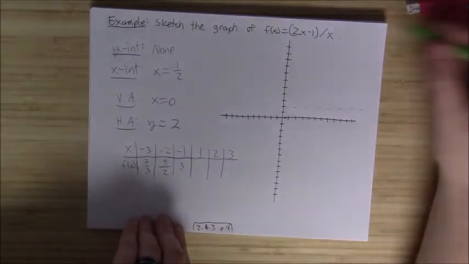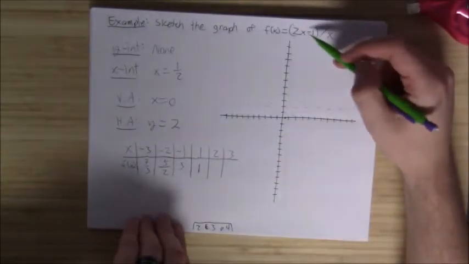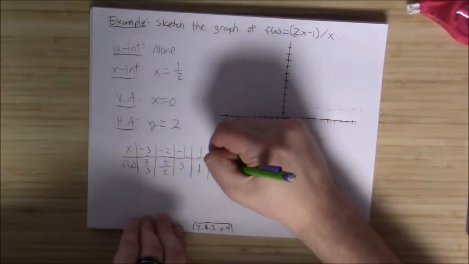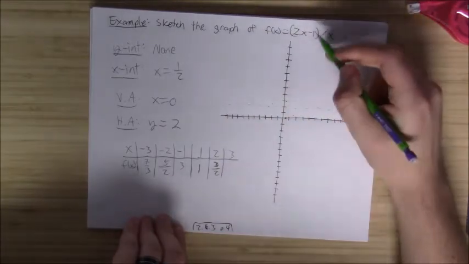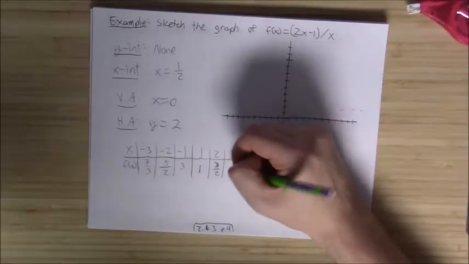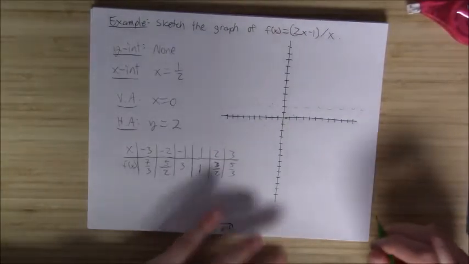Plugging 1 in, we get 2 minus 1 over 1, so 1. Plugging 2 in, we get 4 minus 1, which is 3, over 2, so 3/2. And then finally, plugging 3 in, we get 6 minus 1, which is 5 over 3, so 5/3. So let's go ahead and graph all of those.